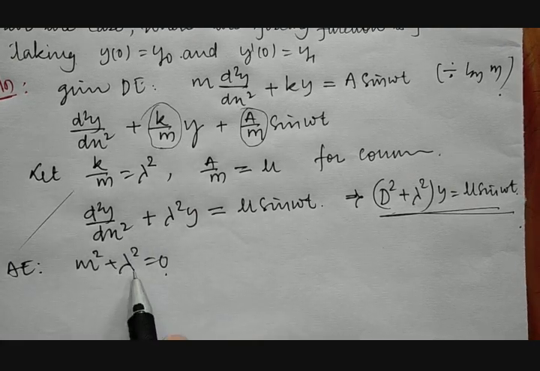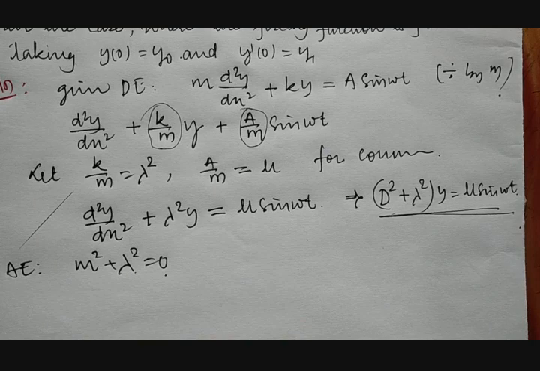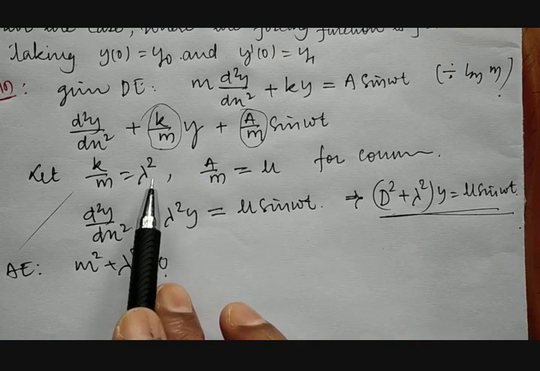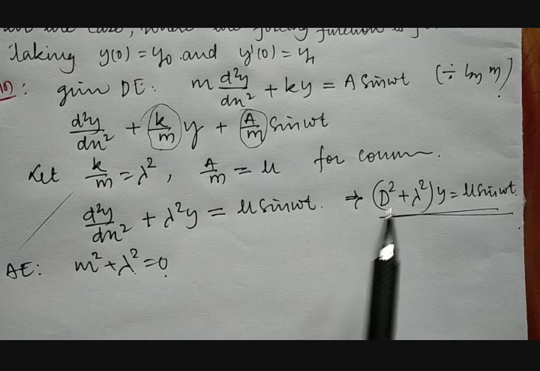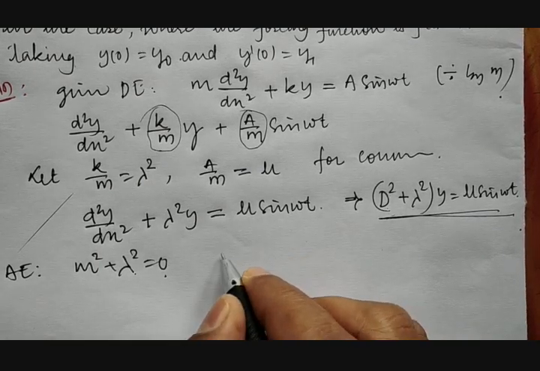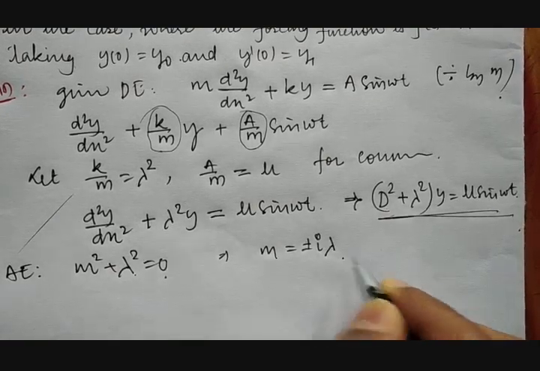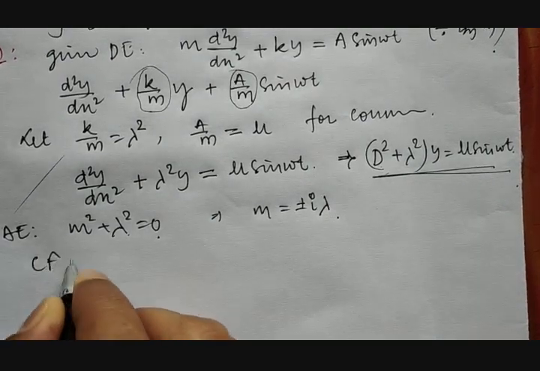If we had taken λ here, then m² + λ = 0 and our roots would come in terms of square roots. To avoid that, we have taken λ² keeping this in mind. So m² + λ² = 0, therefore m = ±iλ. These are the roots.